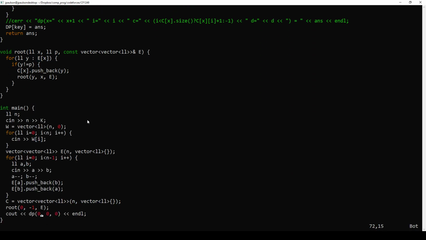So dp is a vector of length, let's see, something like that. That's dps.